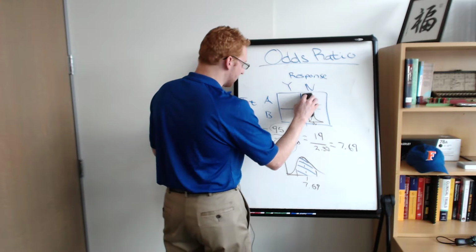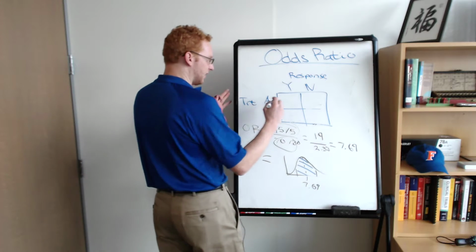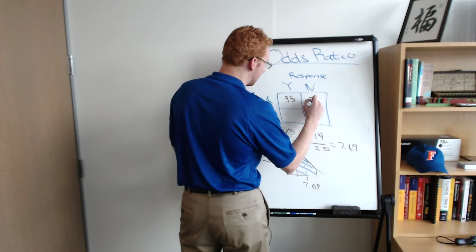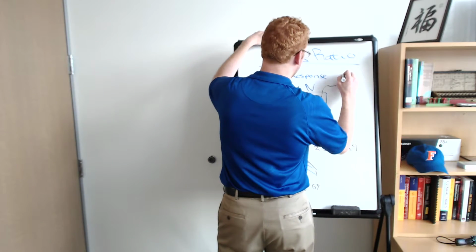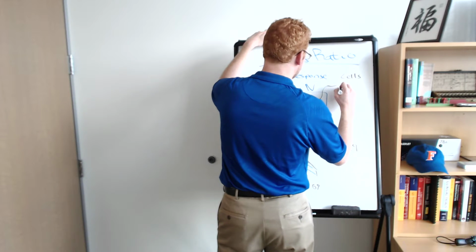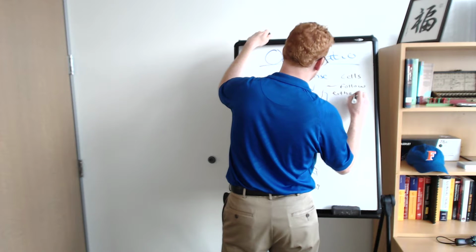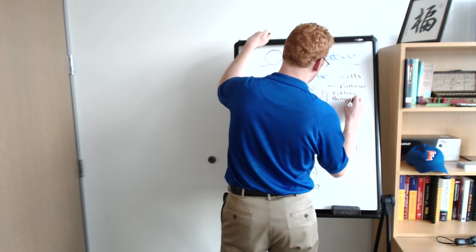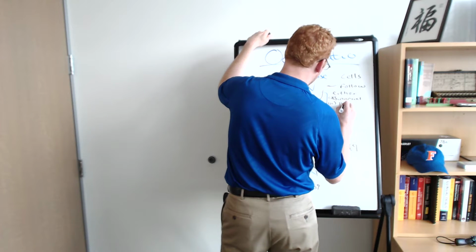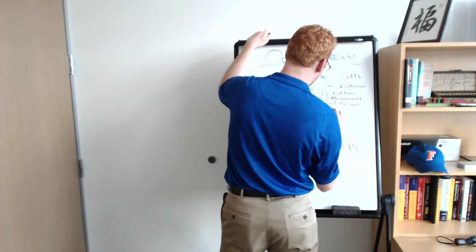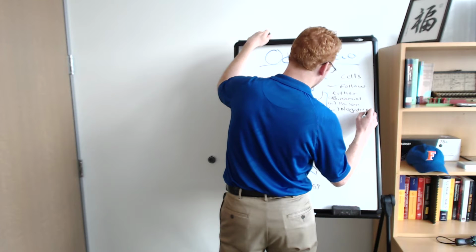But anyways, we scratch that, and then we say these cells follow either binomial, Poisson, or you can also do negative binomial. That's not that common though.